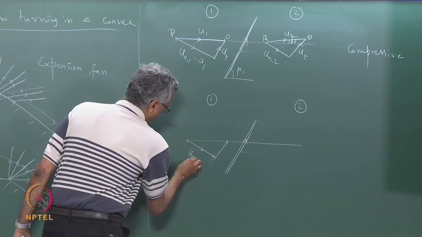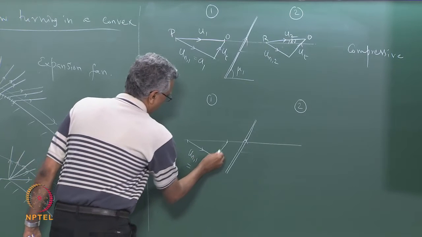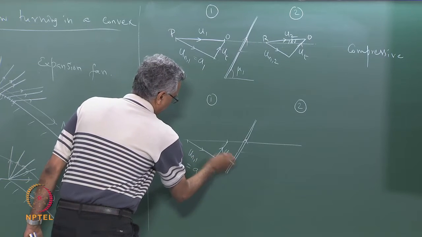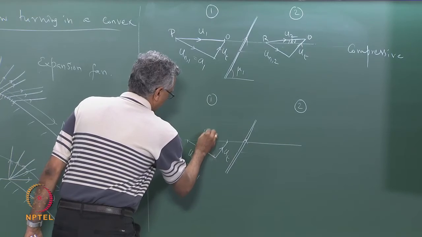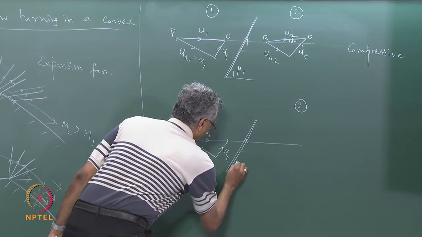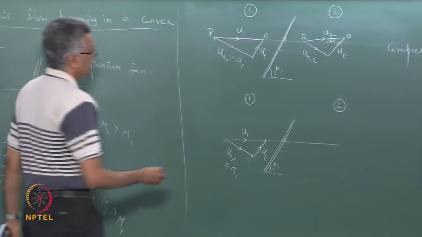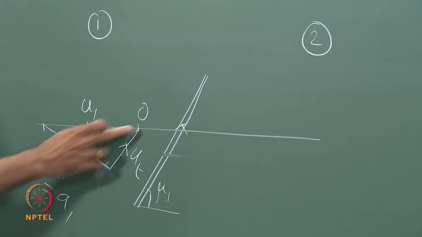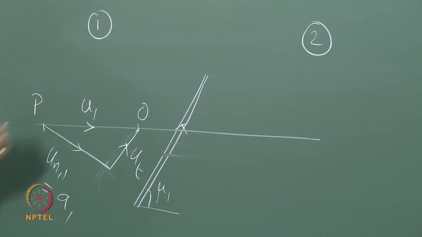So this is UN1, which is equal to A1, this is UT, this is U1, this angle is mu1, and as before we will label this vertex as O and this vertex as P. These are supposed to be the same, okay. This is the best I can draw. I will show you the actual picture after we finish this.